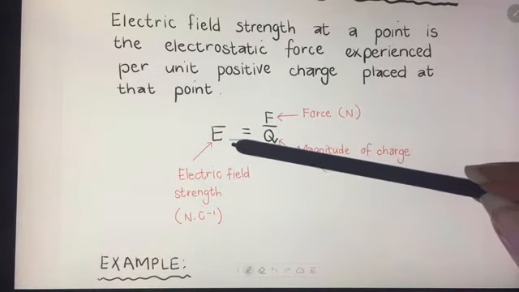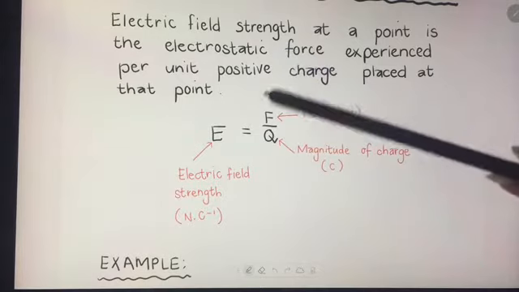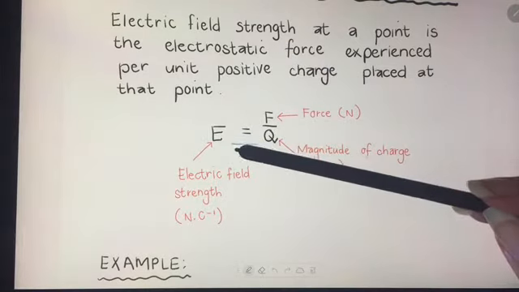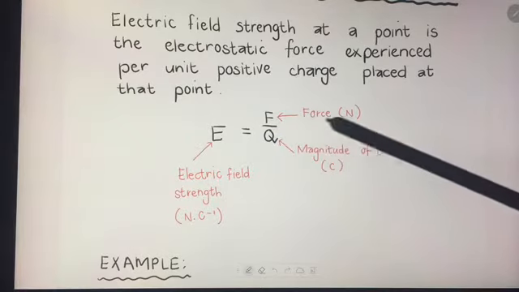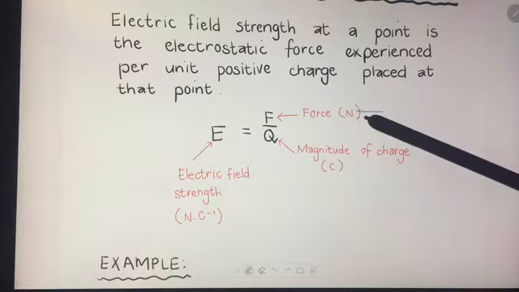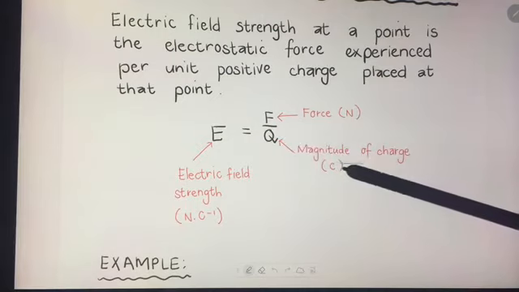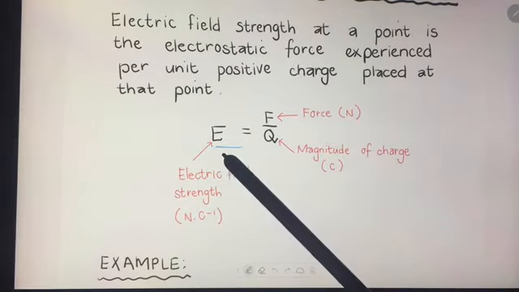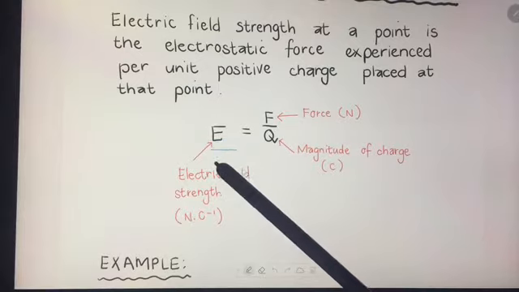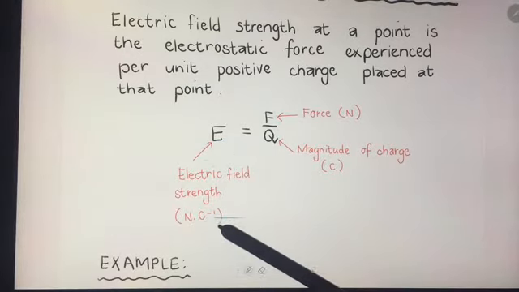As per our definition, electric field strength is force per charge. Force is measured in newtons and charge in coulombs, and that is where our unit comes from. For electric field strength, it is newtons per coulomb.